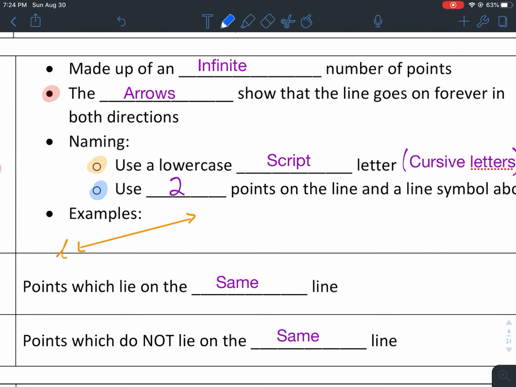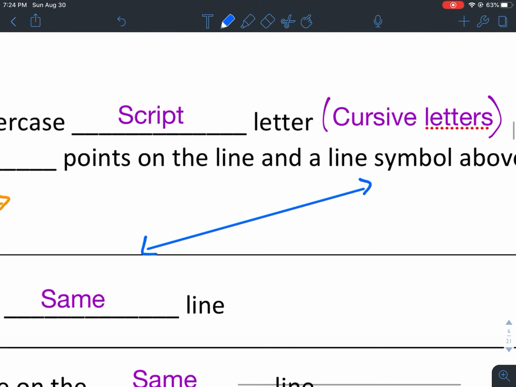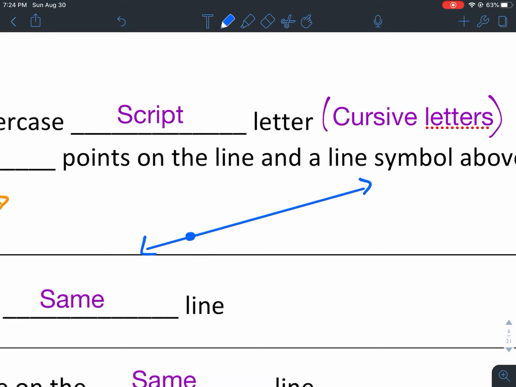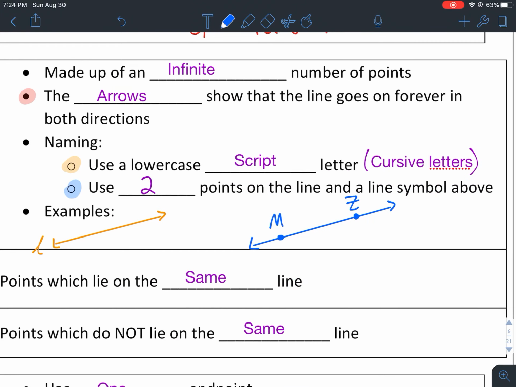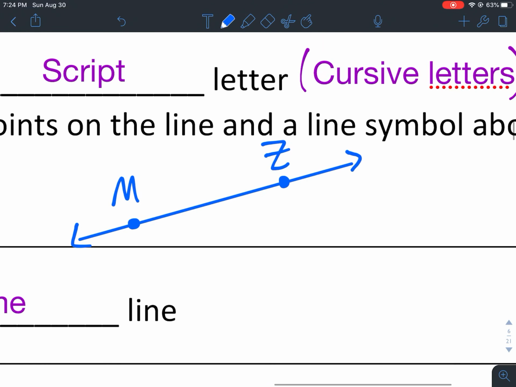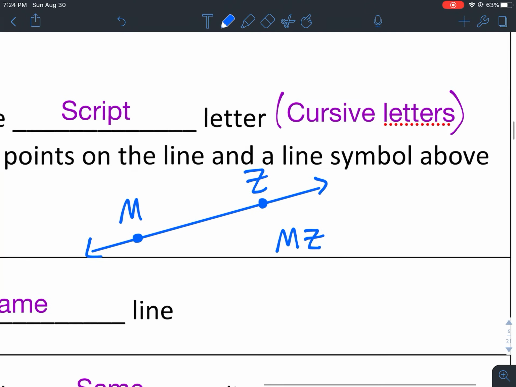So for example, I'm gonna draw another line, 2 arrows at the end, and I'm gonna put 2 points on the line. So let's just call this point M, Z. So those are 2 points on the line. So you can call this line MZ with the line symbol above.